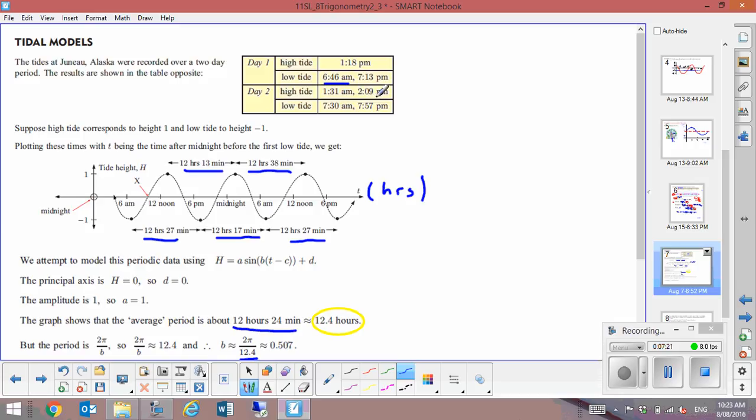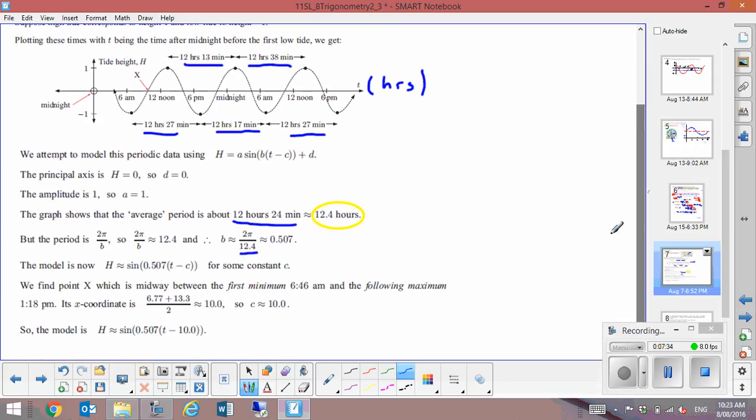That's 6:46 a.m., the low tide, and then the high tide was at 1:18 p.m. So that's where they've used those two values to come out with the time to get the shift.